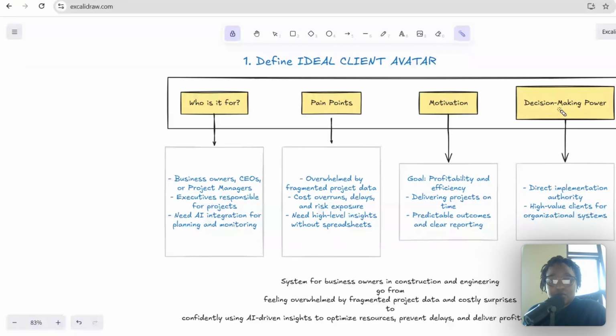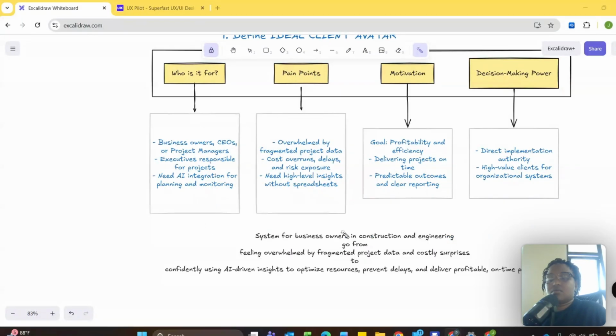Another issue we are going to look at is decision making power. With decision making power, we're going to analyze whether they currently have the power to implement, whether they have authority within the company, whether they are business owners, and whether they have the authority to make high level decisions, because implementing a system in a business needs somebody who has the power to make decisions.